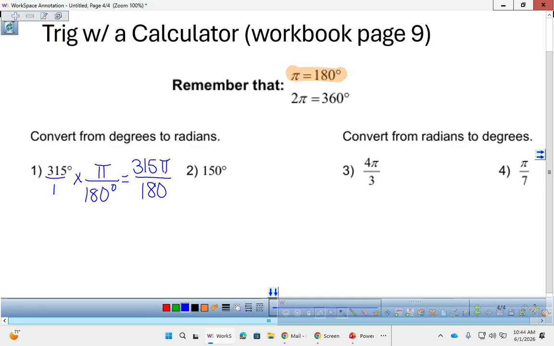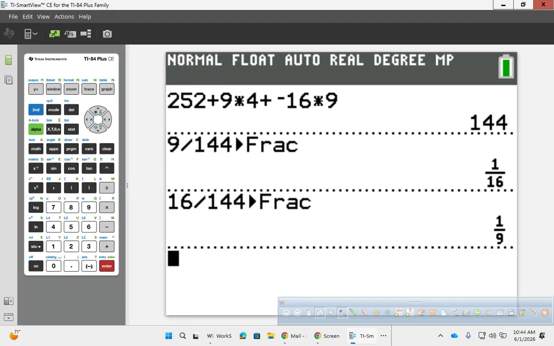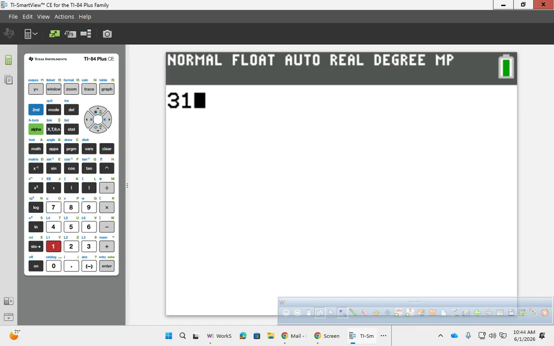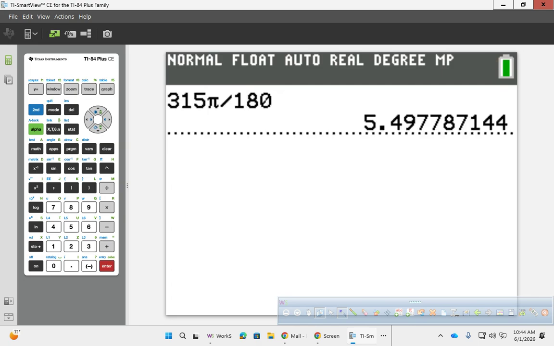What I'm not going to do is type it in the calculator like that, because look what happens when I do 315 pi divided by 180. That's not in radians, okay? It's in decimal form. So instead I'm going to work with the rational part of this, which is 315 divided by 180.